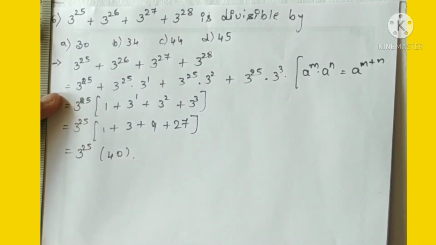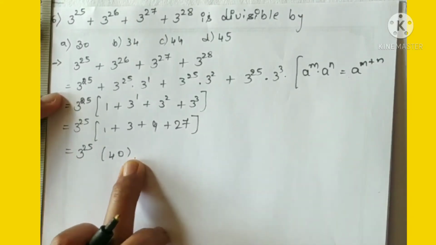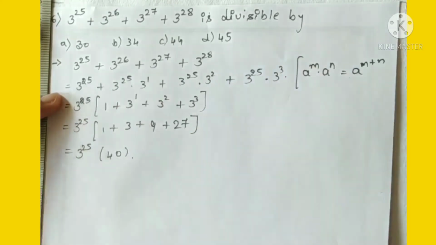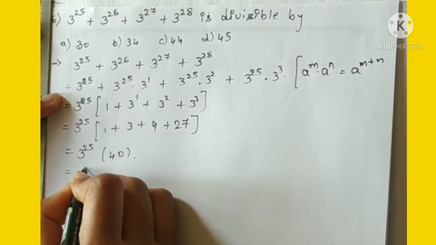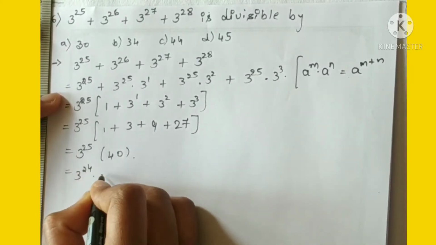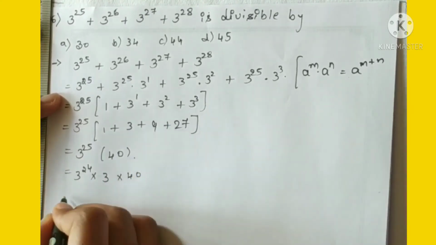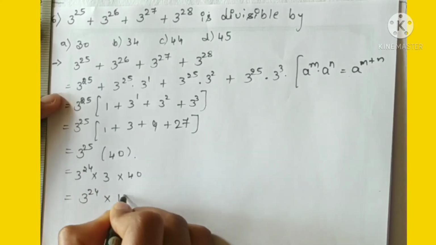Now this 40 is not divisible by any of the options. So I go for further simplification, that is 3 to the power of 24 into 3 into 40, which is equal to 3 to the power of 24 into 120.